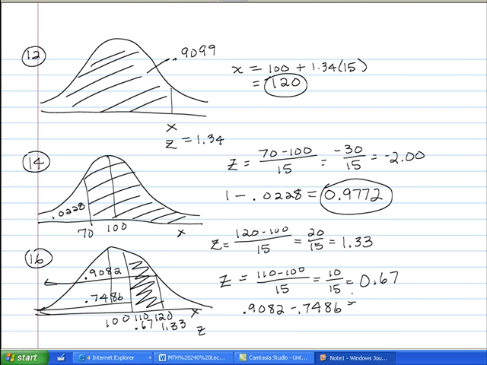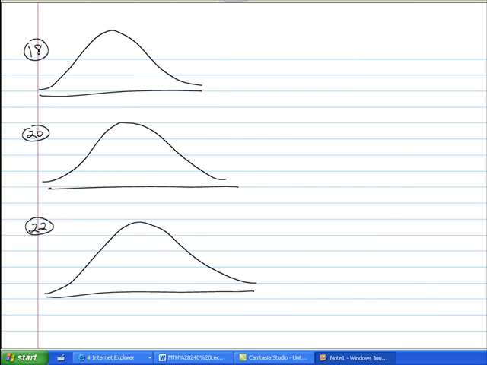Okay, number 18, find the first quartile, which is the IQ score separating the bottom 25% from the top 75%. Okay, so we start with z, and I want to use the negative table because I can see the z-score will be negative.